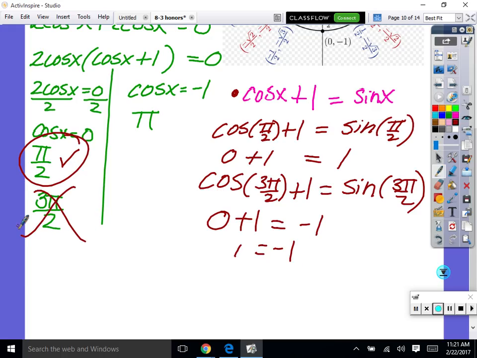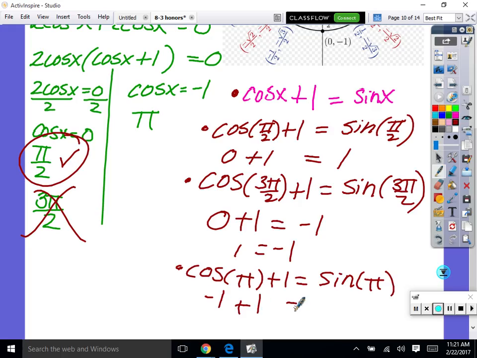Extraneous solution, so we just cross it out. And then pi. So we're checking pi now. Cosine of pi plus 1, does that equal the sine of pi? Cosine of pi is -1 plus 1 equals sine of pi, which is 0. 0 equals 0 is a true statement, so that's not extraneous.